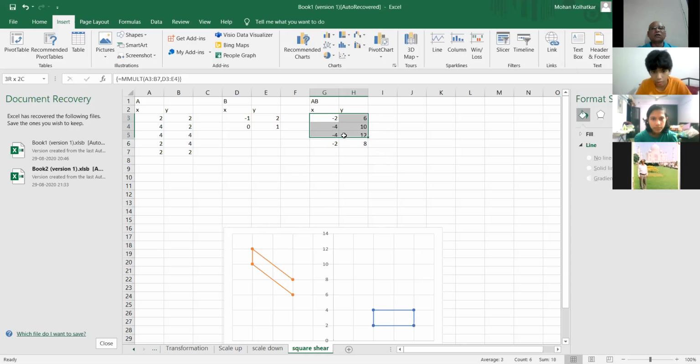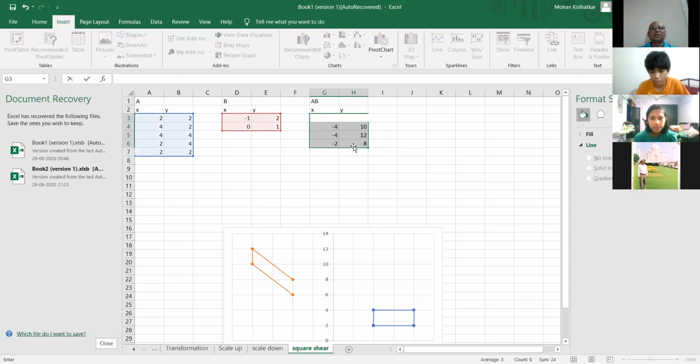Individually you cannot delete. Don't press delete; right click, then clear contents. Select it again.